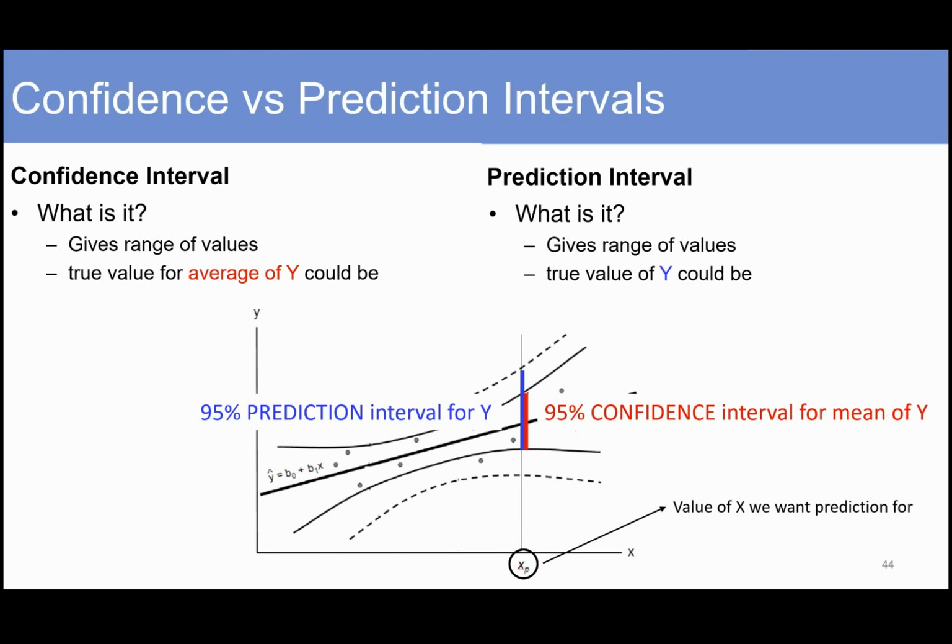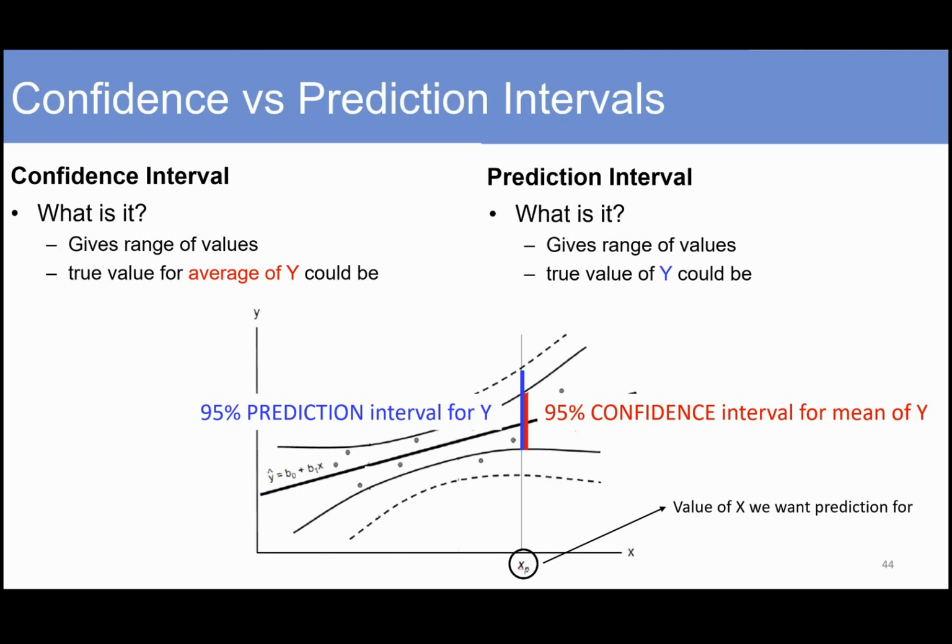So I would say that I'm 95% confident that the price, not the average price, but the price for a Porsche, is in this interval here. Notice the prediction interval is wider than the confidence interval. Does that make sense? Yes, because we know that averages have less variation than the variables themselves.